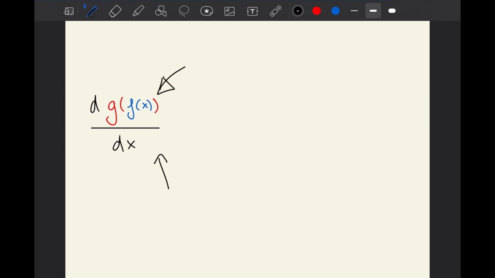Now let's actually get into the nitty-gritty of things and how we actually get the derivative of a composite function. So when we're taking the derivative of a composite function, what we want to end up with is this right here. We want to end up with this expression.